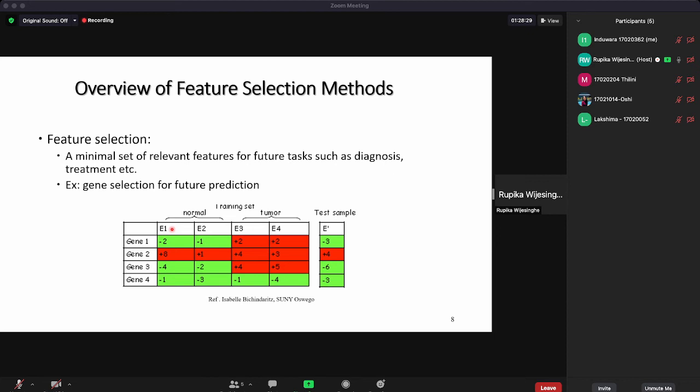That stage you can actually identify from the gene expression, right? If you look at the gene expression data of a particular cancer at different stages, the expression levels are different. The behavior of the genes is different.